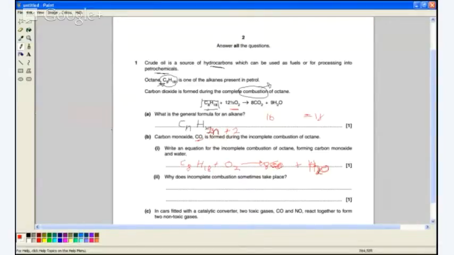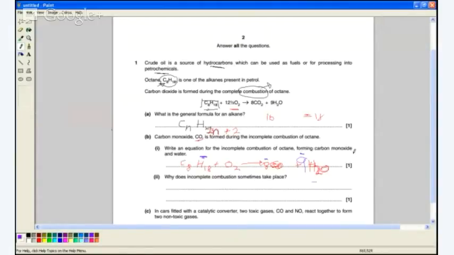How many H2Os am I going to get? Well, I'm going to get half of the H18s here. Let's get a little bit of purple. I'm going to get half of these because I've got 2 hydrogens in each water, so I'm going to have 9 water molecules. So then I've got to work out how many oxygen molecules I'm going to need. Well, I need 8 atoms here and 9 atoms here.